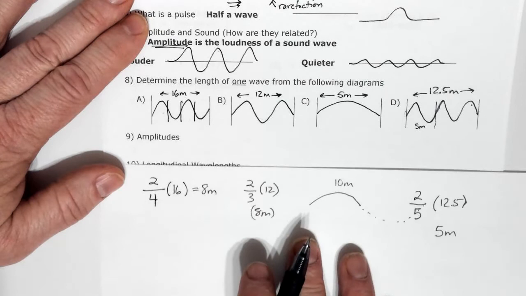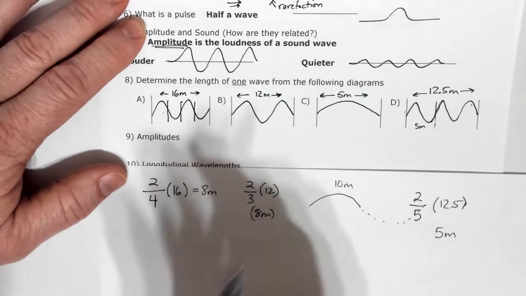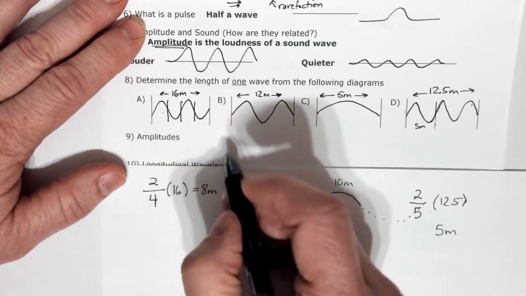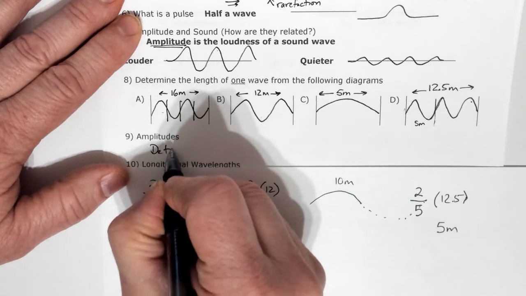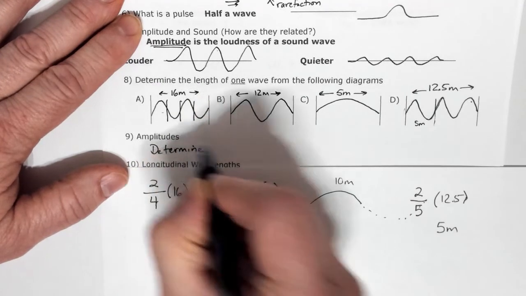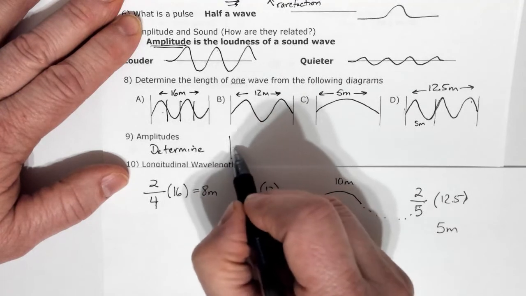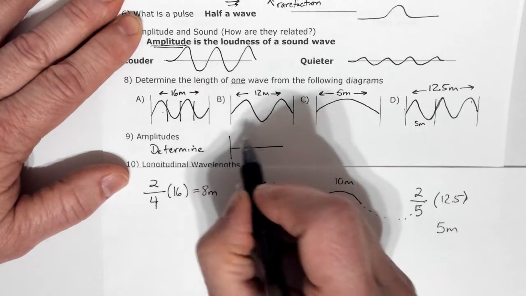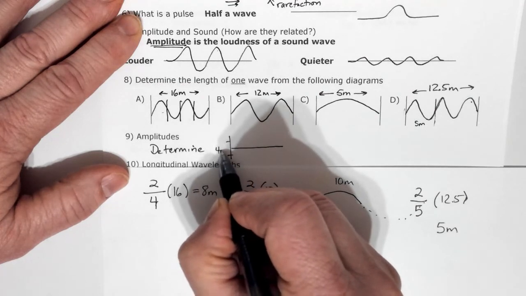Amplitudes. What are amplitudes and how are they important in sound? And how do you find amplitudes? Amplitudes are pretty simple. Let's say I wanted to determine an amplitude. I would have to have some more measurements this way. So let's say I have a measurement right here. From here to here is, let's say, 4 meters.